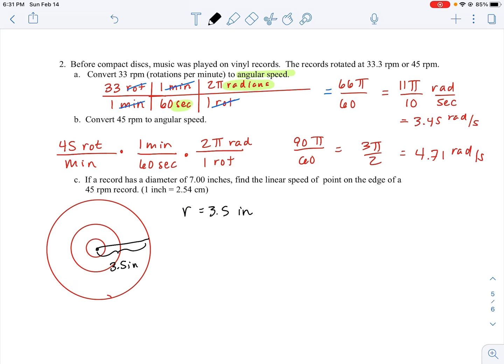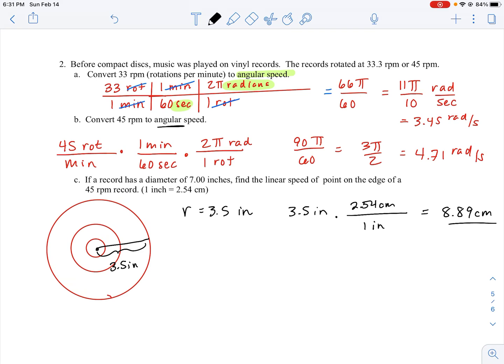And what I know, well, let's convert that. So 3.5 inches to centimeters. So I'm going to do 2.54 centimeters per 1 inch. Inches will cancel. So I get 8.89 centimeters. That's my radius.